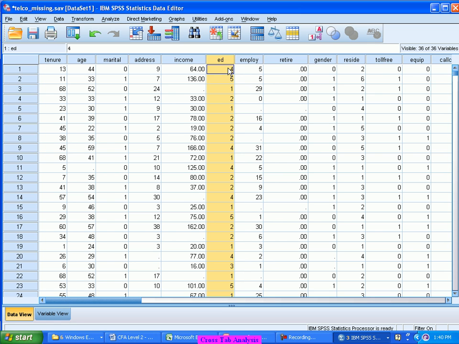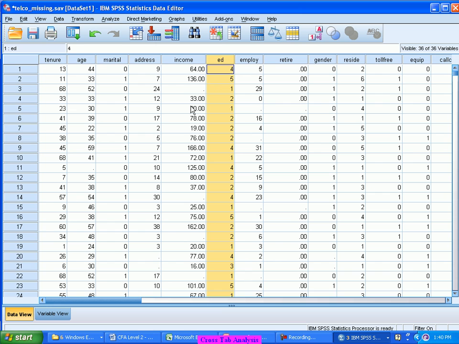So probably here I can take gender and education level. Is the distribution uniform across all education levels for all genders, or is it not uniform? I'll put up this test, then you will get clarity on this.